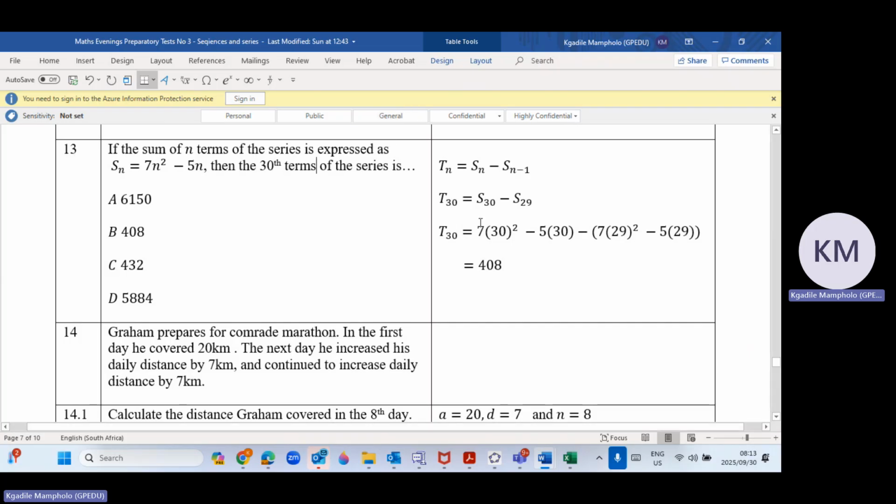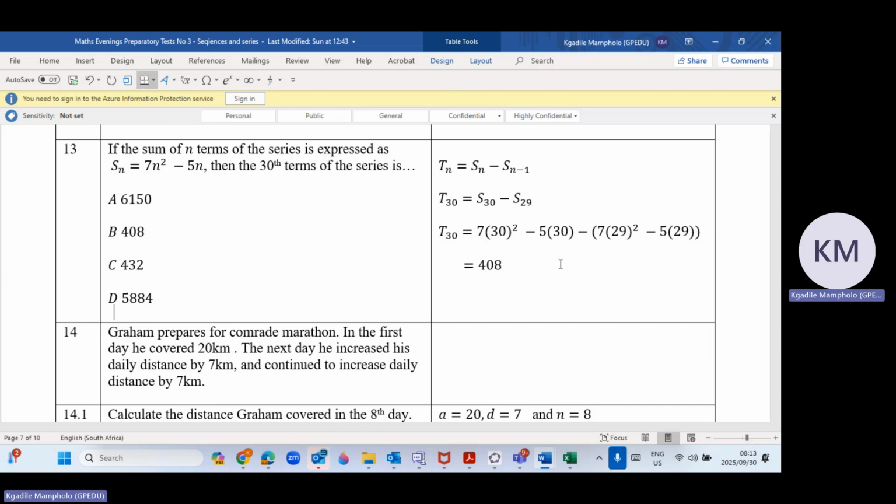So the 30th term of the sequence will be the sum of 30 terms minus the sum of 29 terms. You use this formula here. The first one you substitute n as 30, you say minus, then substitute n as 29. Then the answer will be 408. It means the 30th term of this series will be 408.